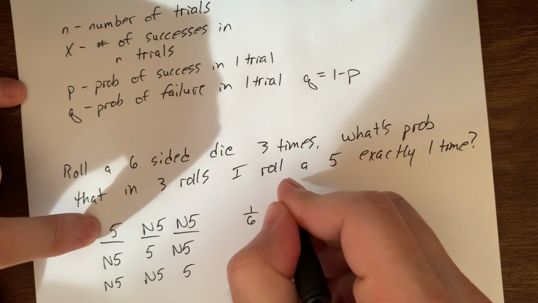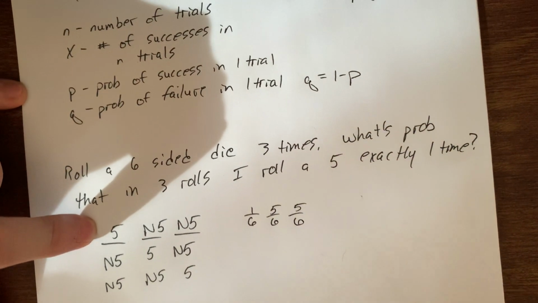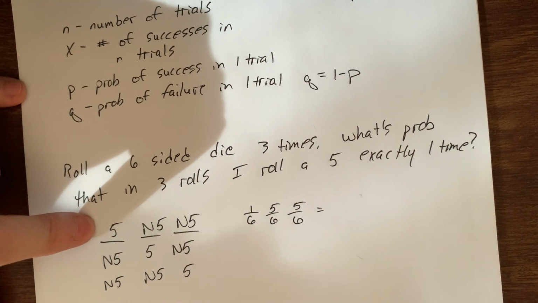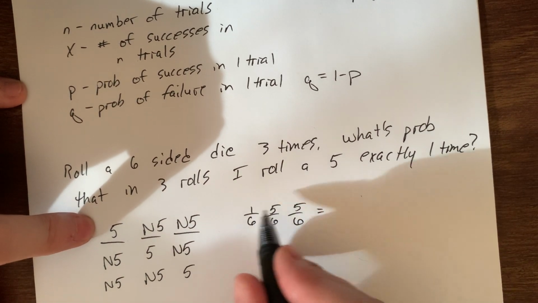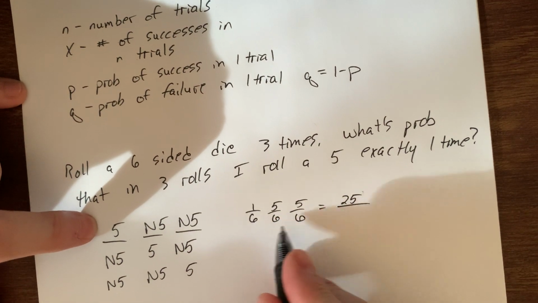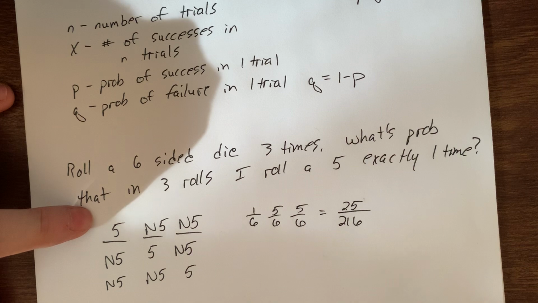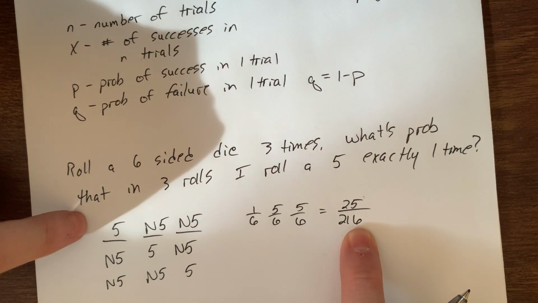So 1 out of 6 for the 5, then 5 out of 6, and another 5 out of 6. Multiply these 3 results together. Fractions or decimals doesn't make a difference, everybody. I'll leave it as fractions. 1 times 5 times 5 is 25. And then 6 times 6 times 6 is 216. So that is the probability that exactly that happens.